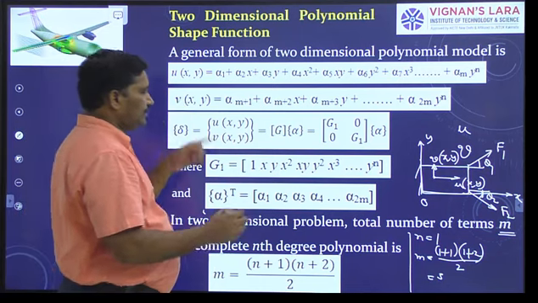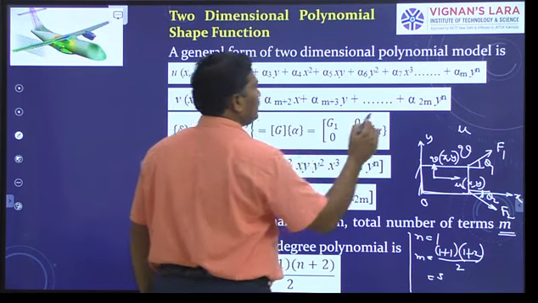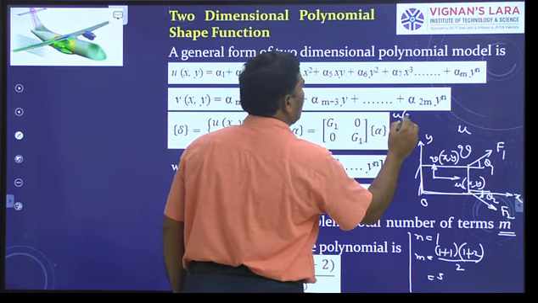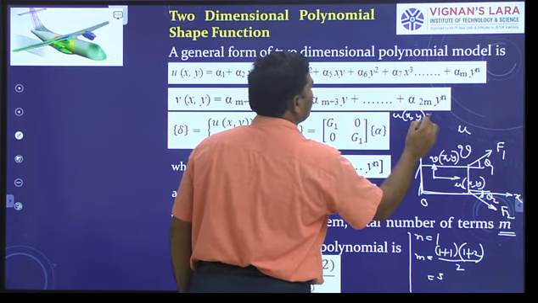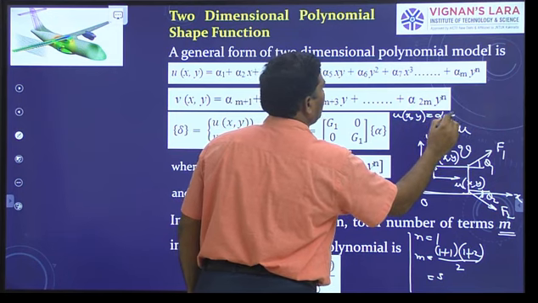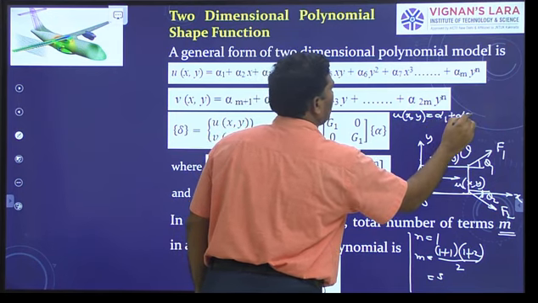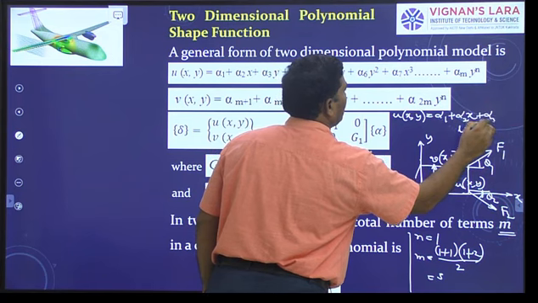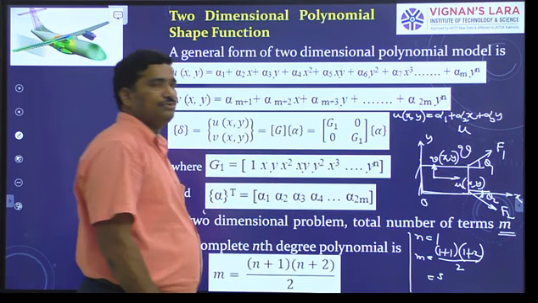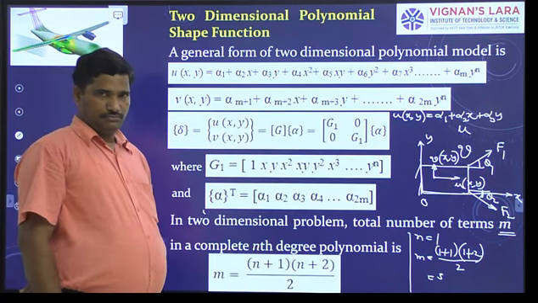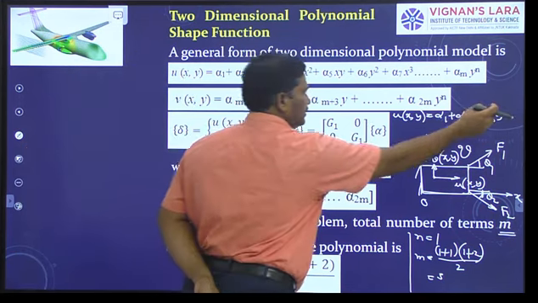Hence, when n equals 1, you get u of variables x and y equals, say, alpha 1 plus alpha 2 into x plus alpha 3 into y. This is how you get it. How many terms are there? 3 terms.